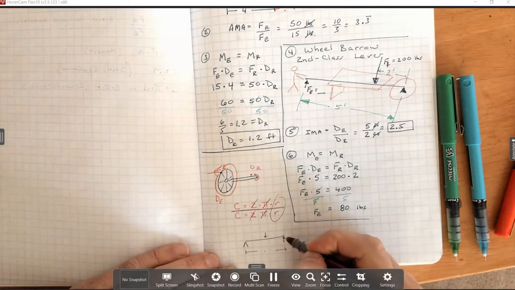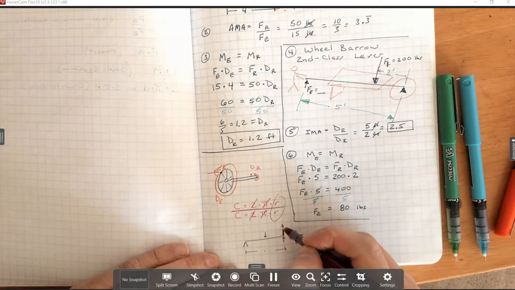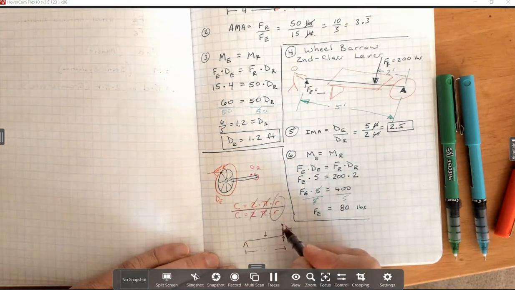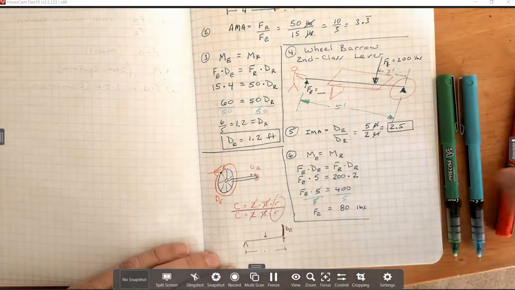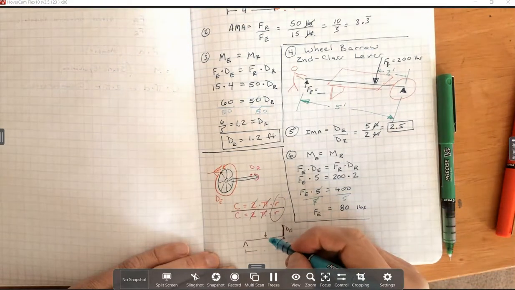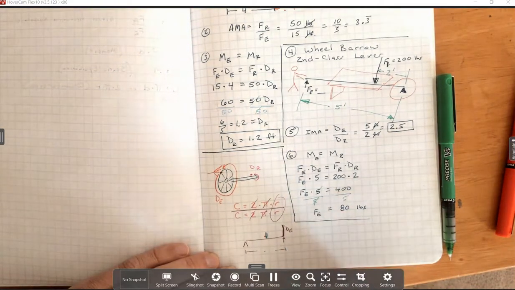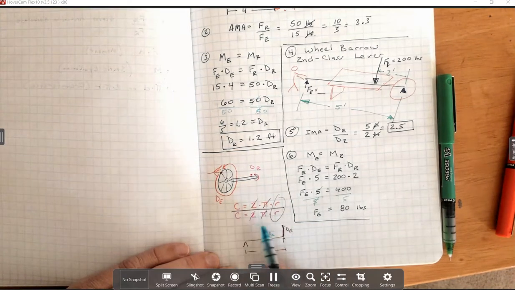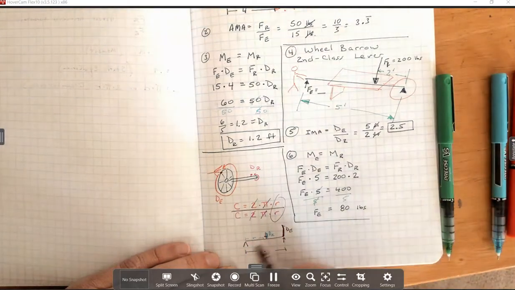The operator actually had to move along an arc path, and it's that distance that really would be getting compared to the distance that the resistance would move, and that's also following the path of a circle or an arc. But it's because of this principle that the 2's and the pi's cancel out, are common factors, that we've decided it's easier, simpler for us, just to compare these radii.